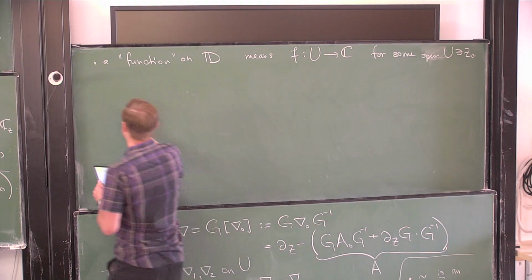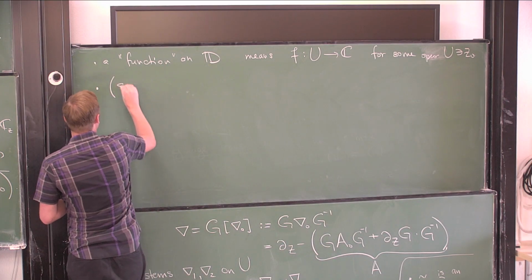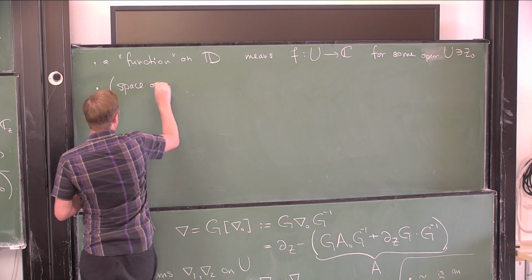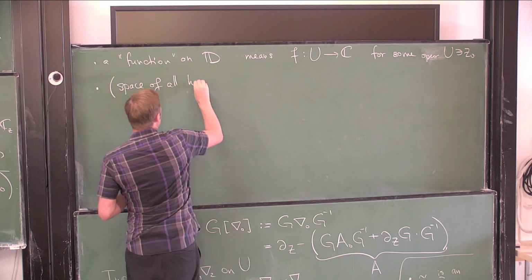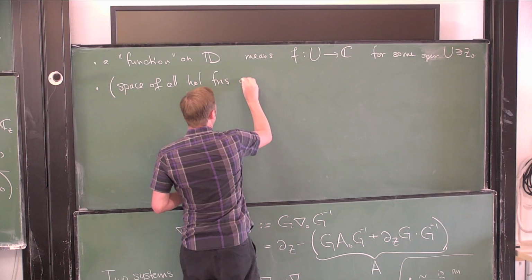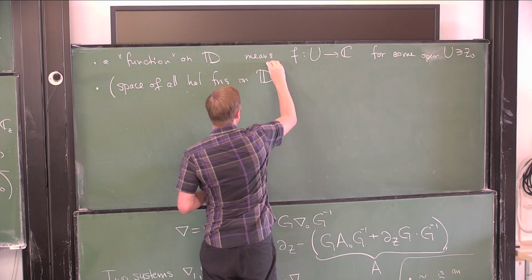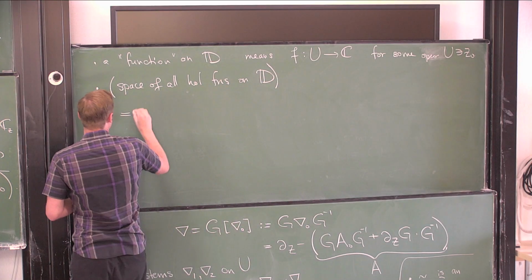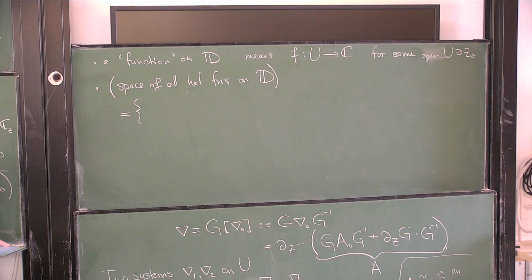Right. And then in particular, you could look at the space of all, say, holomorphic functions on this infinitesimal disk, and let's try to figure out what they are. So we're talking about the space of all possible functions, each of which is defined on at least some open neighborhood of the point.